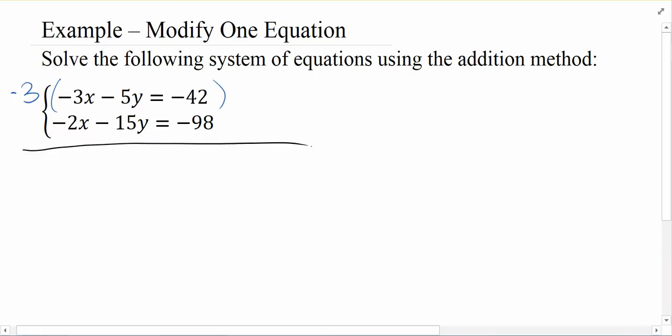And if we do that, we want to rewrite the entire system. We're going to end up getting positive 9x plus 15y equals positive 126. And then we're going to rewrite that original second equation directly underneath here.